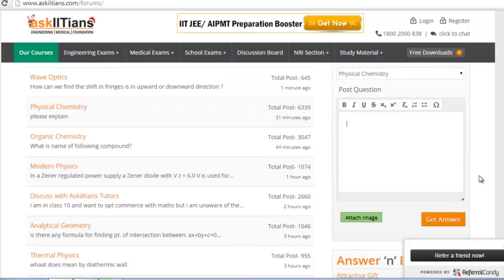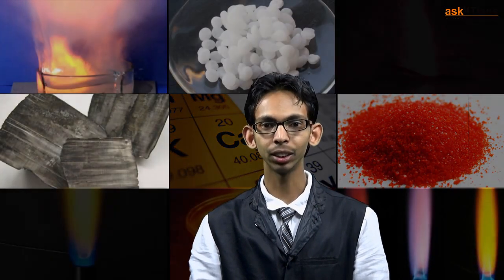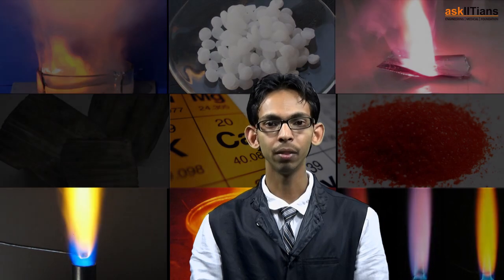So students, now we know that alkali metals show all the reactions which are typical of any metal. They react with water to replace hydrogen, and the reaction is very violent actually. They react with acids, they react with oxygen to form basic oxides. We know their hydroxides are also basic.